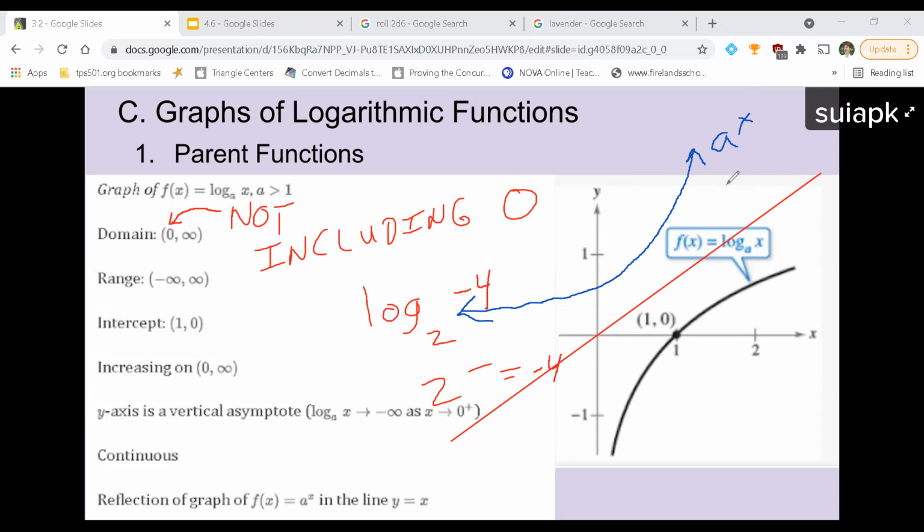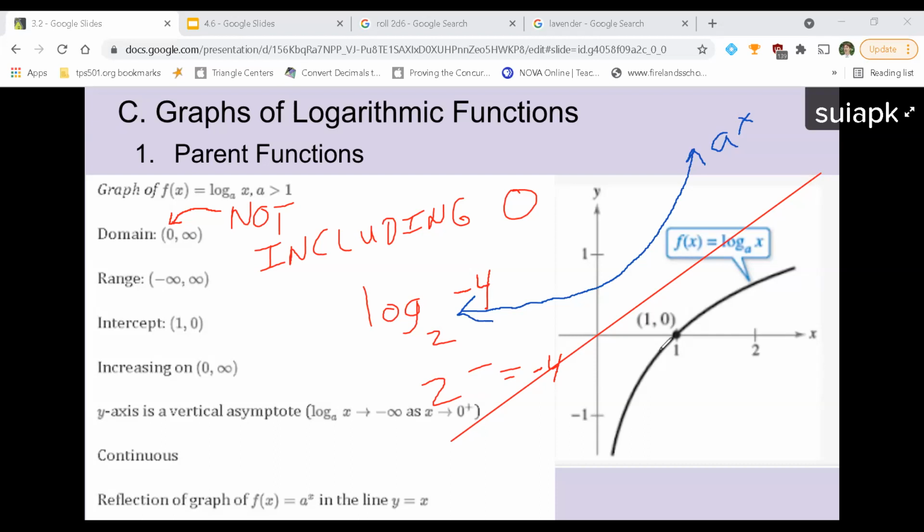Exponents take a number to a power. Logs ask you what power you have to take a number to. Questions on this slide? Does anybody need more time to write? Okay, yeah, a little bit. You go ahead.